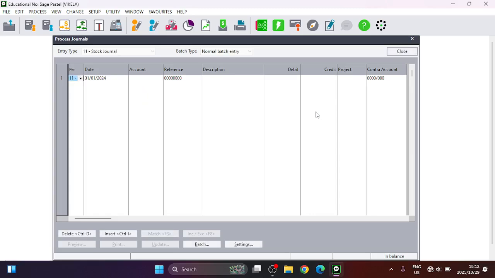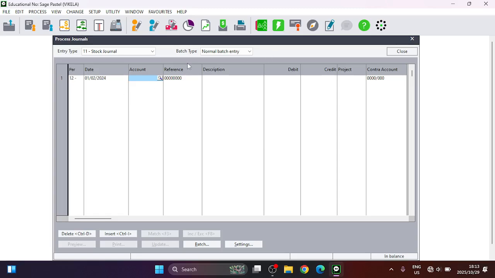Close it. That's in order. We're now going to look at the period. This is an exercise where we'll assume that it's period 12, which is now the end of the financial year, 29th of February. However, we will focus on the first day of that month.